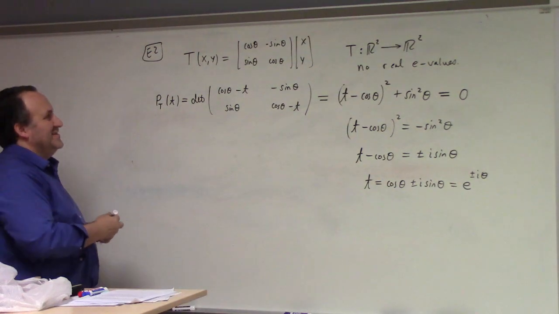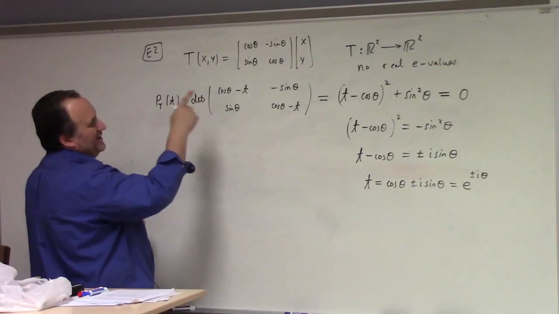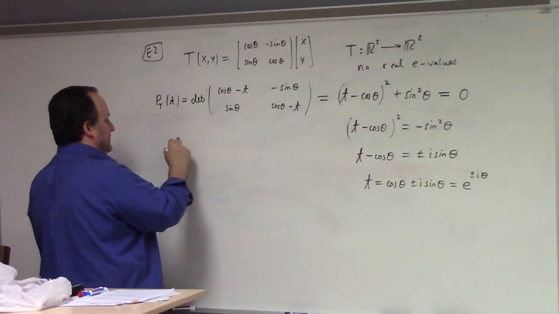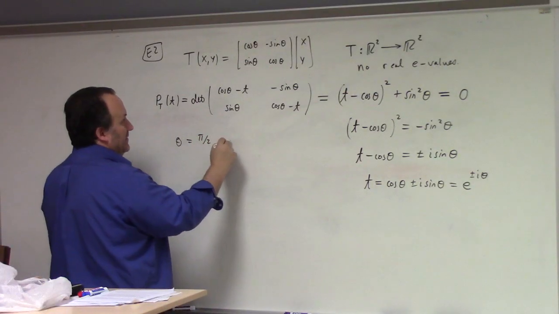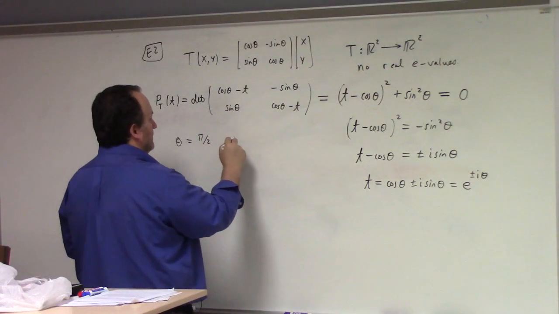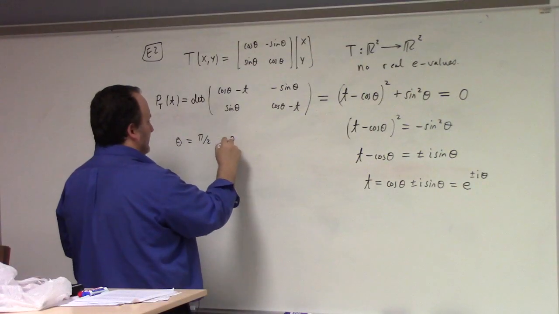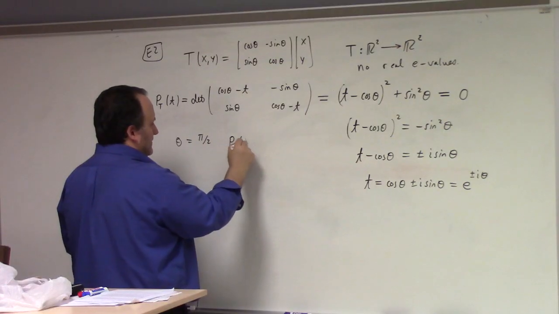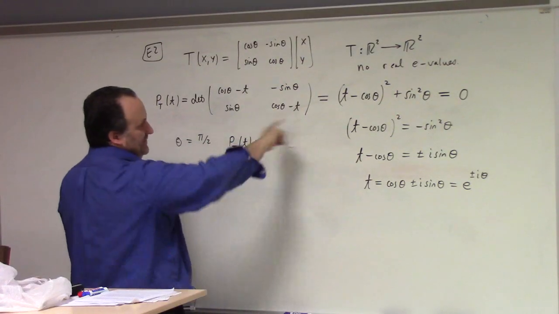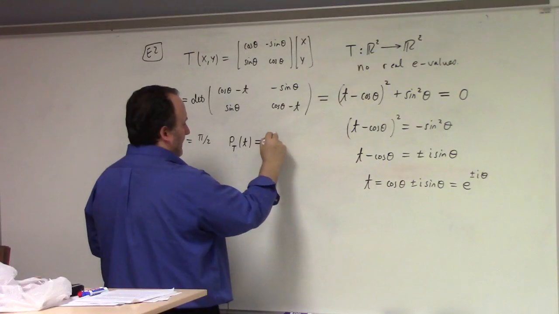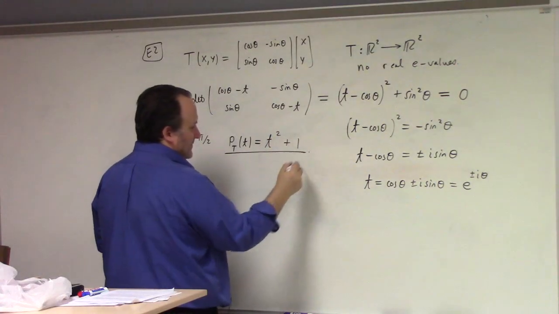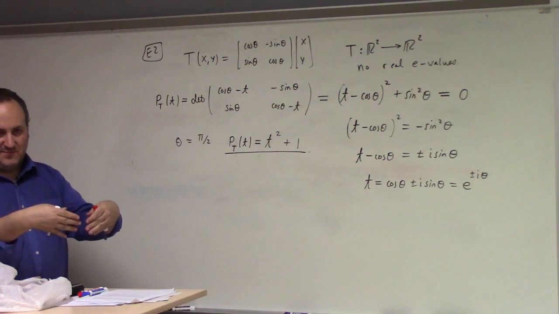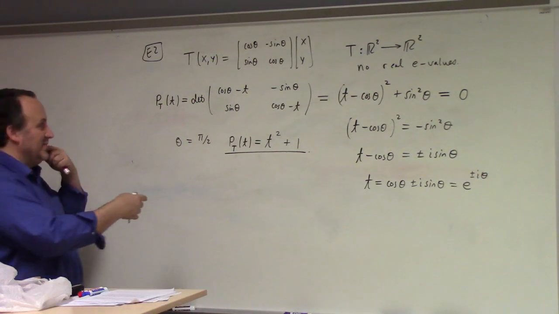But look, this is easier if we put theta equal to pi over 2, just to make things a little easier to see. Then p sub t of t just becomes t squared plus 1. I don't really want to plug the transformation into the one with the cosine and sine because it's too messy.